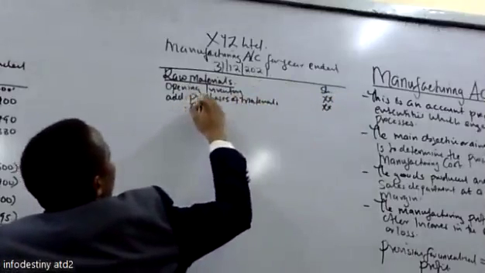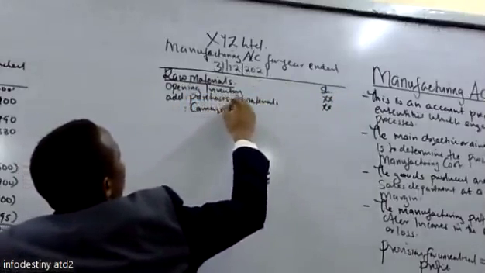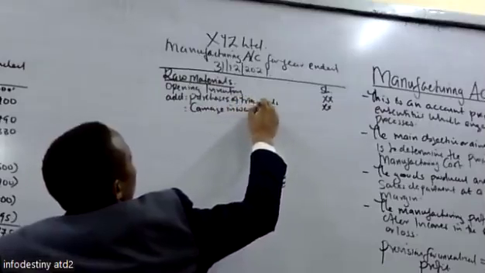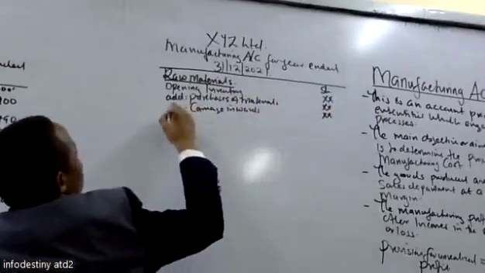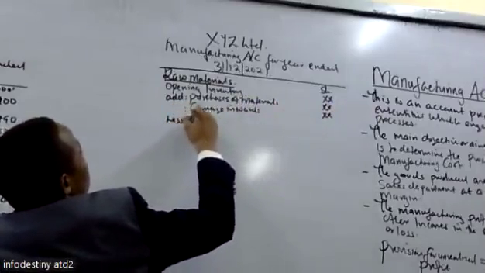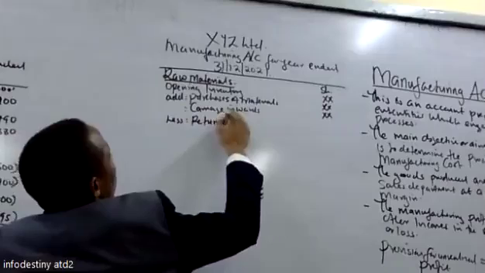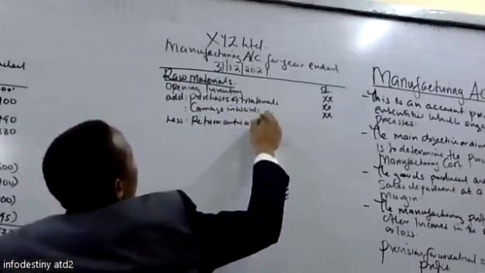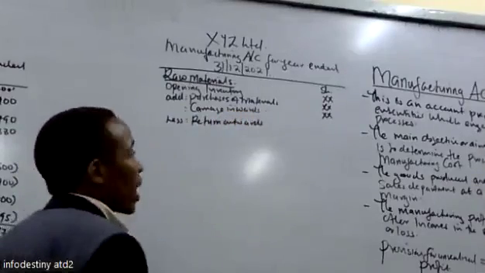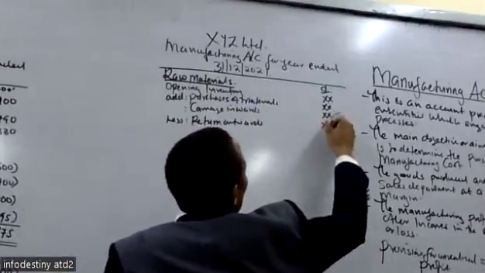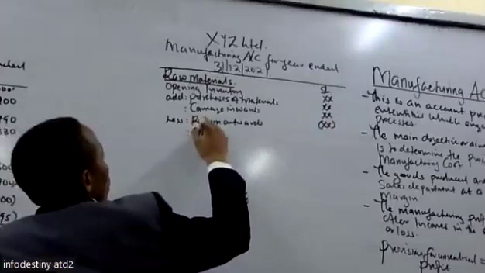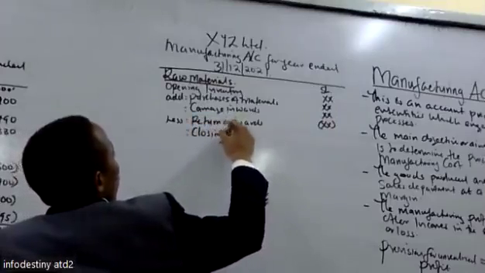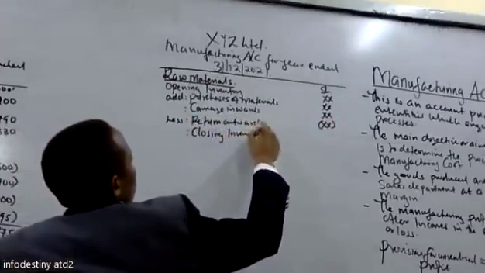If there is any carriage inwards, you also add carriage inwards. Then you less return outwards of materials. If you are given information about return outwards, you reduce purchases, and also you less the closing inventory of the raw materials.